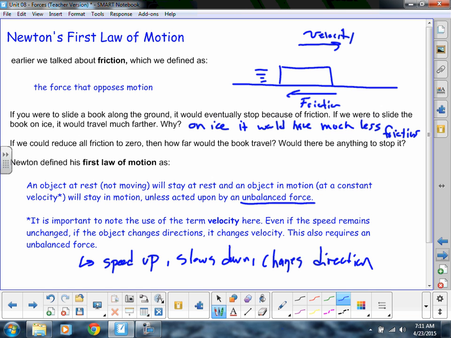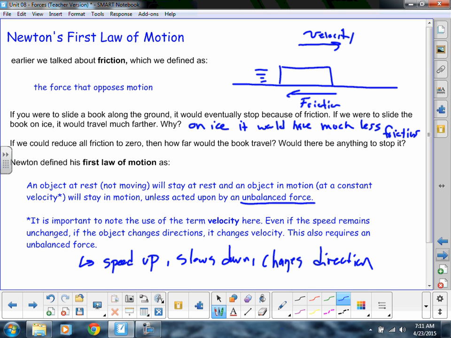That also means that if the forces are balanced, like in our first tug of war example, with the two forces pulling left and right with the same amount of force, nothing moves. Everything stays at rest. But it also means that if we have an object that is moving and experiencing balanced forces, it will just keep on moving forever, with no change in its motion until it experiences an unbalanced force.